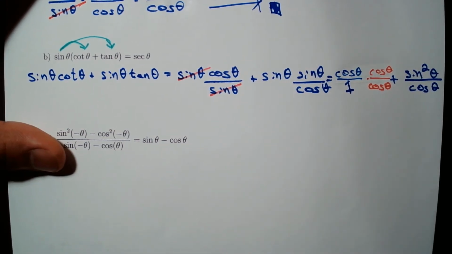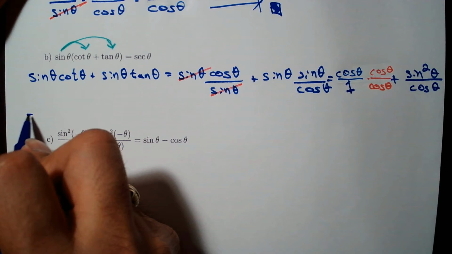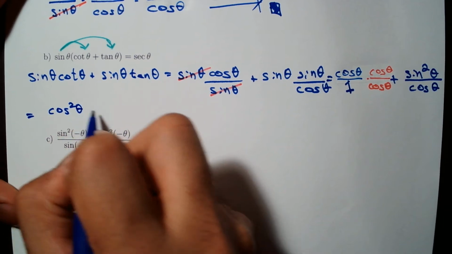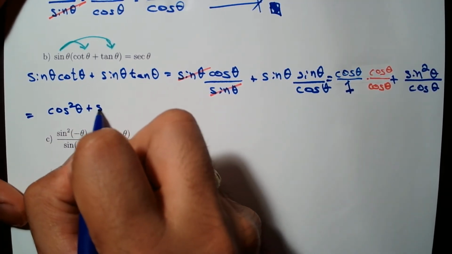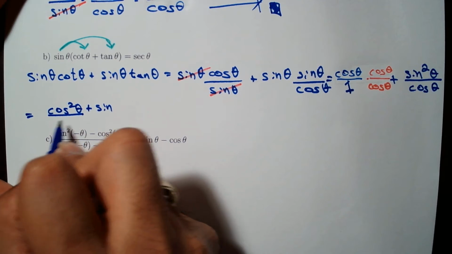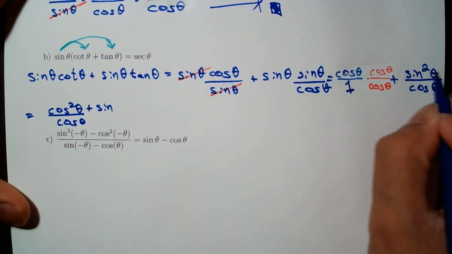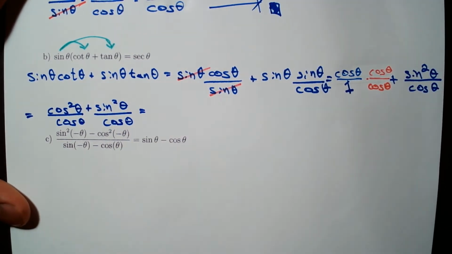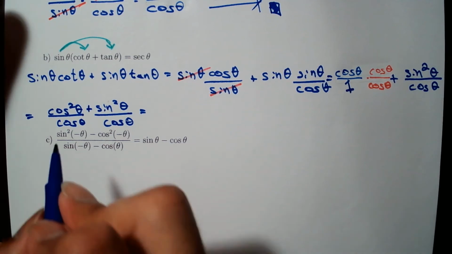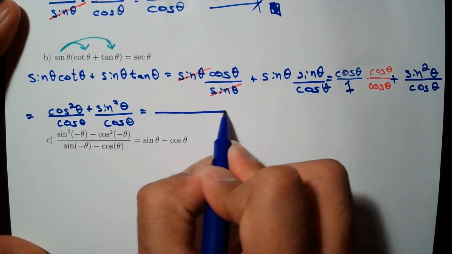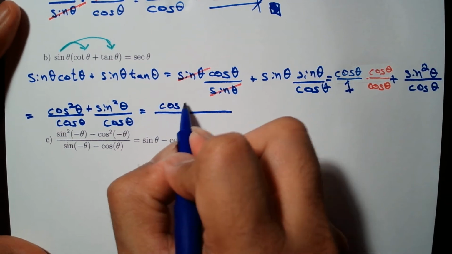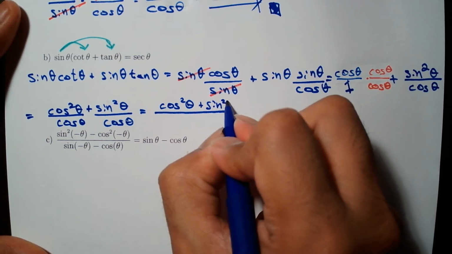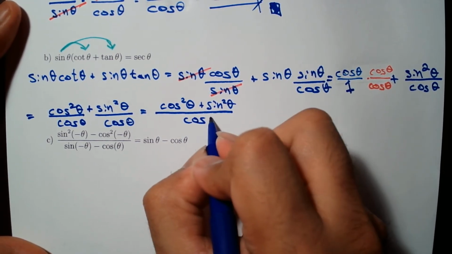And this way, cosine times cosine, that's cosine squared theta over cosine, plus sine squared theta over cosine theta. Now that we have the same denominator, we can write this as one single fraction: cosine squared theta plus sine squared theta over cosine theta.